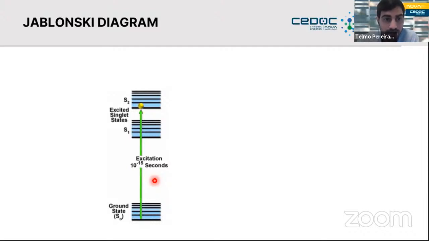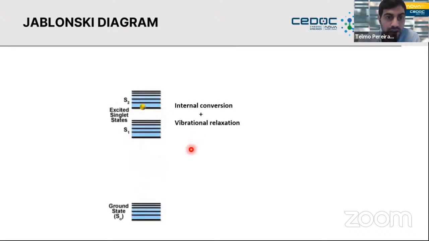So once the electron is in the excited state, it will then lose a bit of energy, and this occurs through two processes: internal conversion and vibrational relaxation. You can see that the electron is going down in energy until it reaches the lowest level of the excited state.